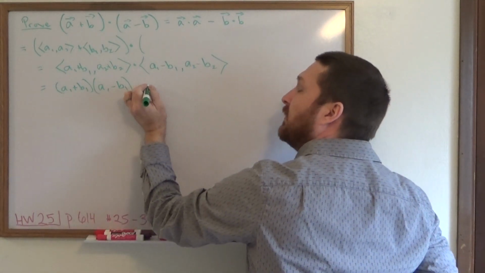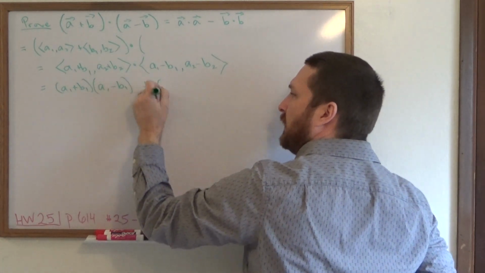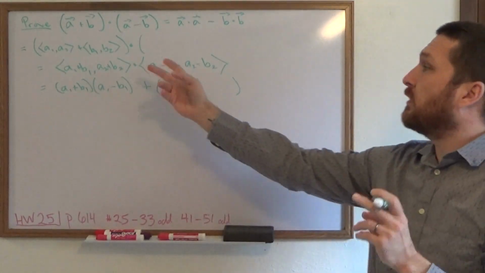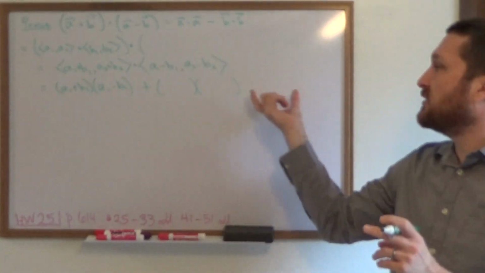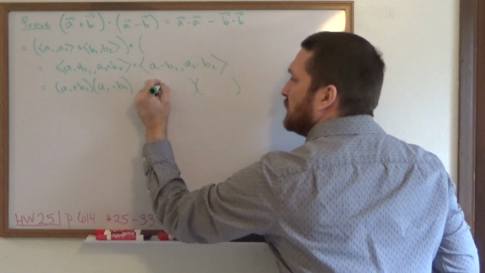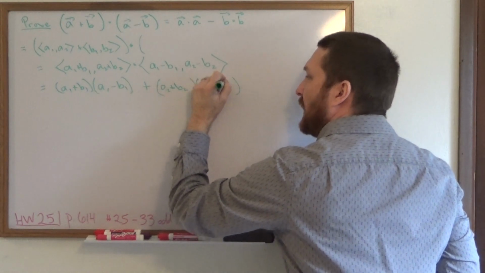And then plus, I do the same with the next component. If this were a vector in 3 space, there would be another component, and I would just do the same thing, and so on and so forth. But in this case, it's A2 plus B2 times A2 minus B2.